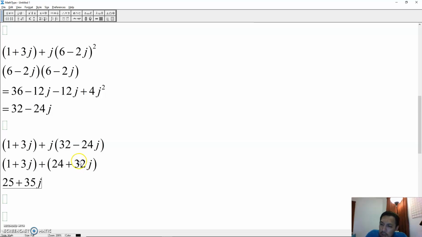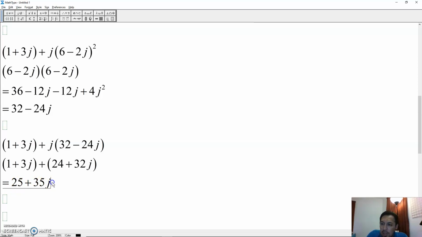That's more like it. So what happened here is that we recalculated this equation and rearranged it back in the form of a plus bj.